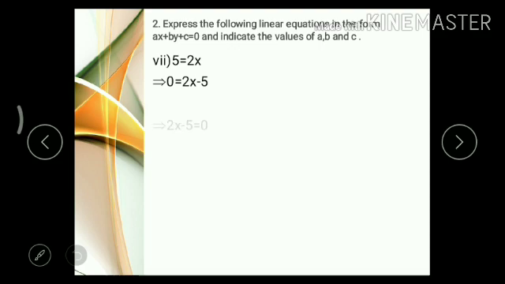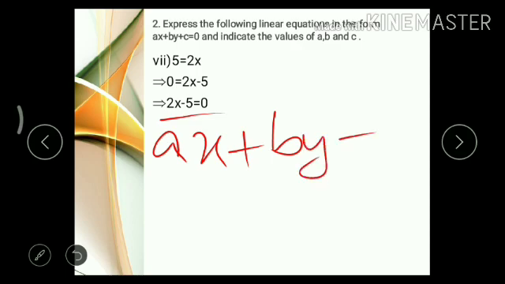After writing this, we know the general equation ax plus by plus c. Ax we have here twice x. Then by. Now the term which has y we don't have. But the constant term c, this is minus 5.